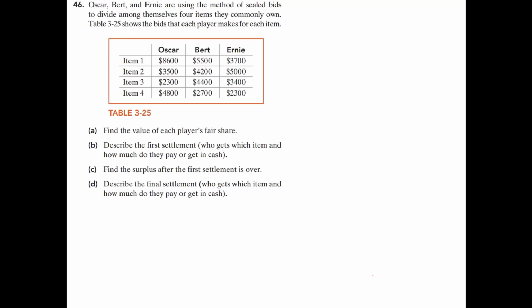Divided by 3, because there are 3 people in the group, he expects a third of that. So for Oscar, his fair share is $6,400. For him to be happy, he needs to walk away with the value of $6,400 or more.